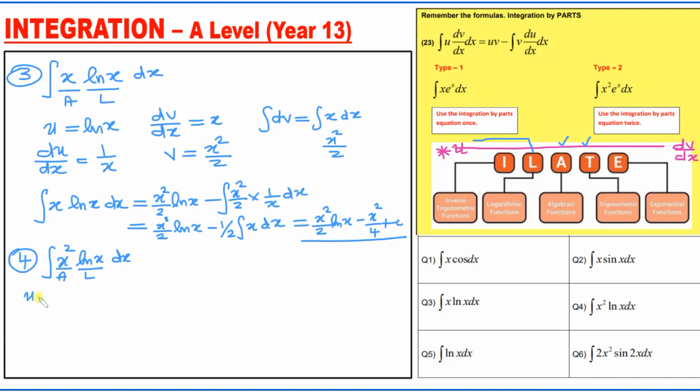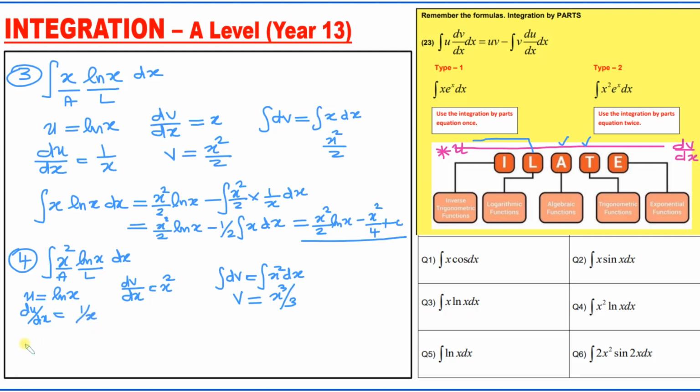So you need to assign the logarithm function as u equal ln x, and dv over dx as x squared, and now integrating x squared dx gives v equal x cubed over 3, right? Now du over dx is going to be 1 over x.